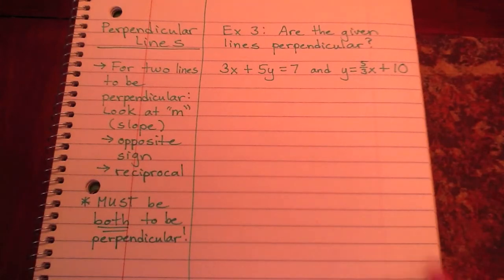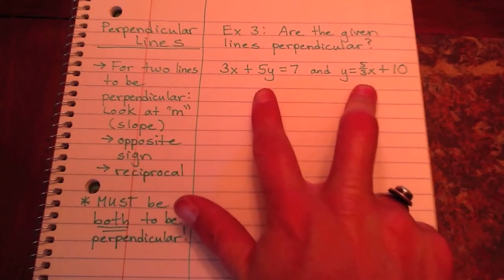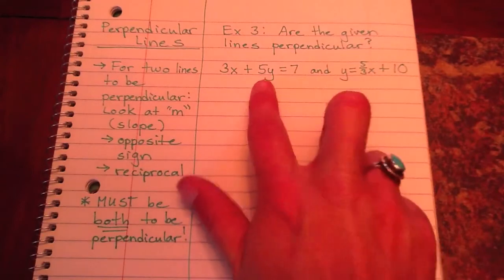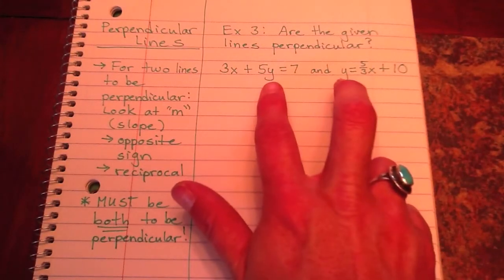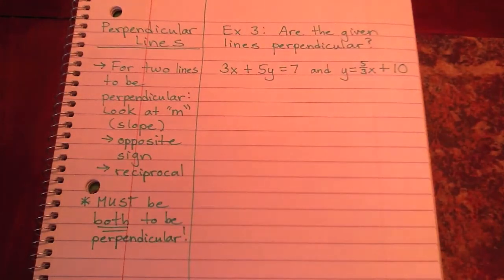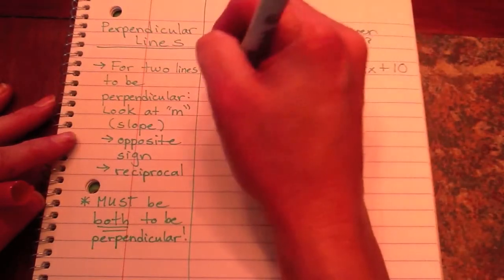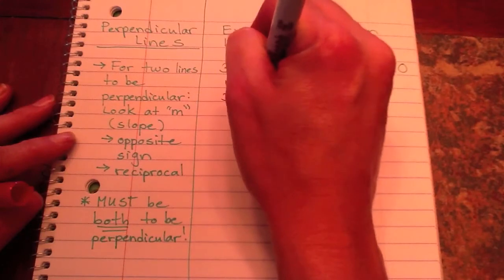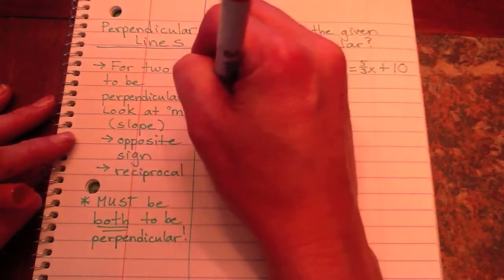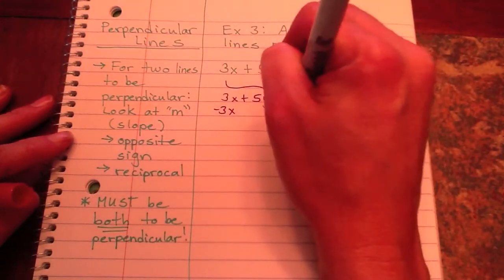And in order to find slope, you need to have slope-intercept form. This equation is in standard form, so it's going to need to be converted to slope-intercept form. So you have 3x plus 5y equals 7, and you subtract 3x from both sides.